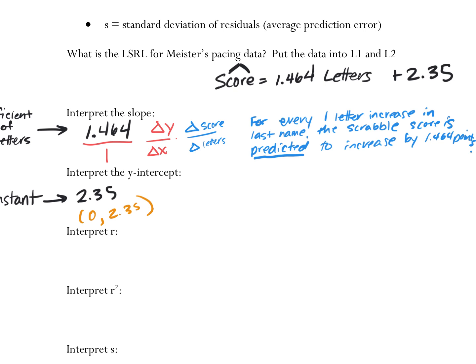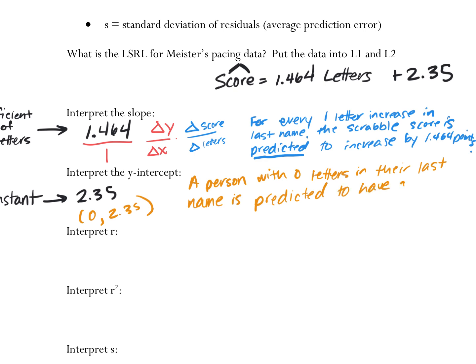What does that mean in this context? A person with no letters in their last name is predicted to have a Scrabble score of 2.35 points.